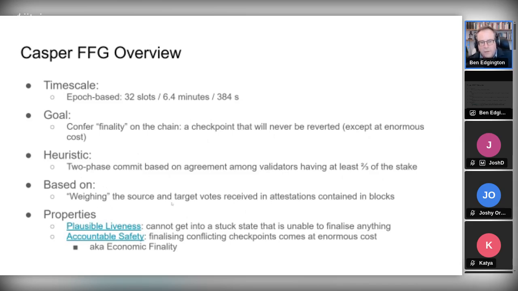And we weigh source and target votes received in attestations, but we only consider attestations that are contained in blocks for this, because it makes changes on chain. Finality is updated on chain. We can only consider attestations that are in blocks, because attestations on the wire on P2P are ephemeral. They can be lost forever.